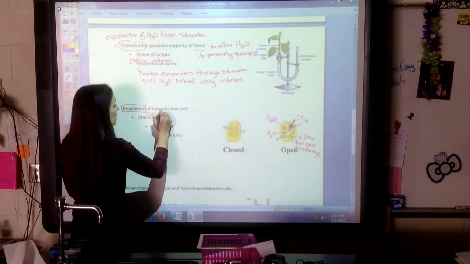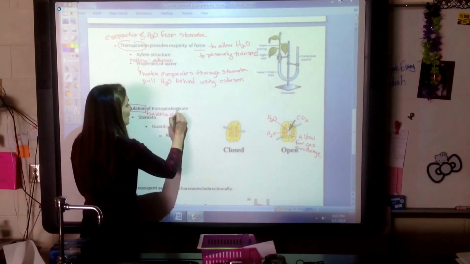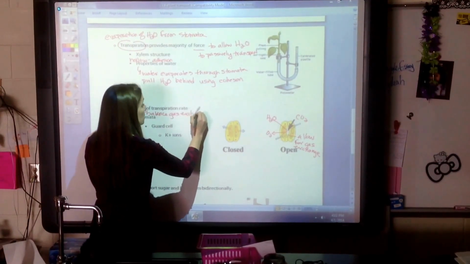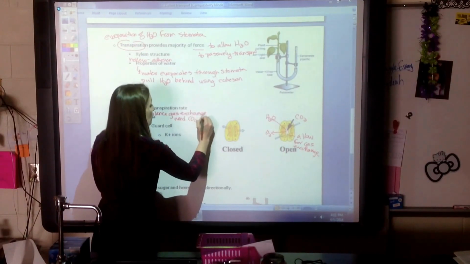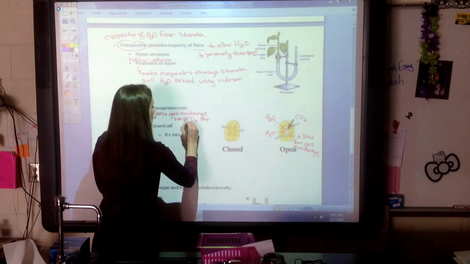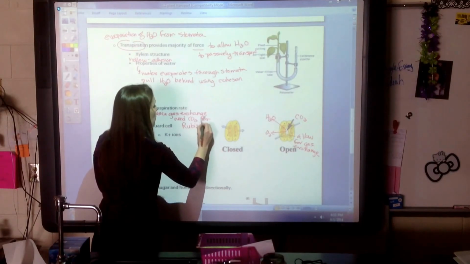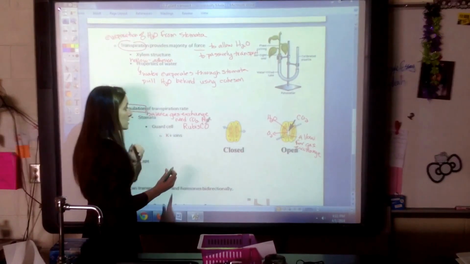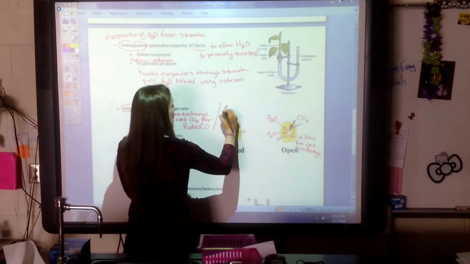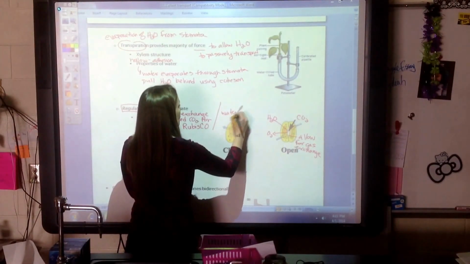We need to balance gas exchange, because remember we need CO2 for Rubisco. If we don't have CO2, Rubisco will actually start breaking down our carbohydrates. We need to balance gas exchange with water loss.